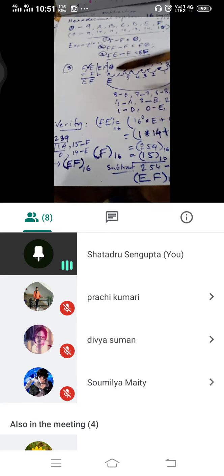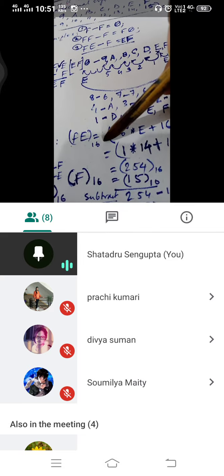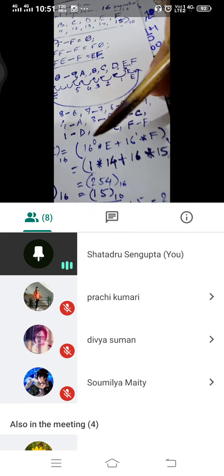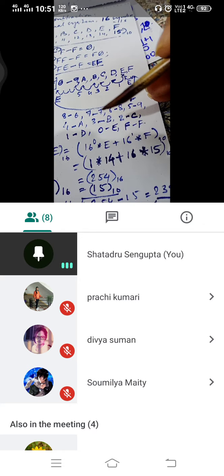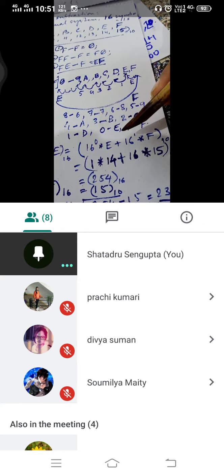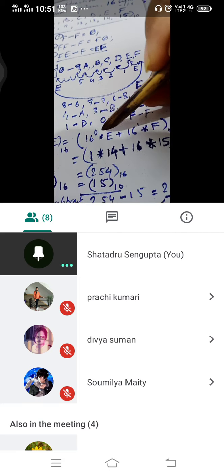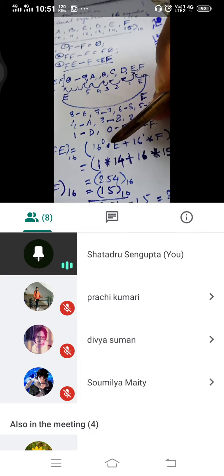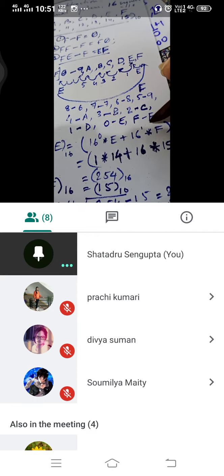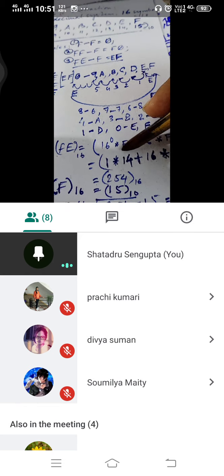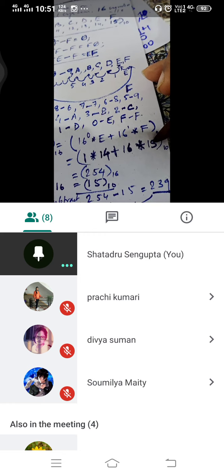Okay. Now let us verify this. So FE in base 16, let's convert that to decimal. So we have 16 to the power of 0 multiplied by E plus 16 to the power of 1 multiplied by F, which is giving us 1 times 14 plus 16 times 15.